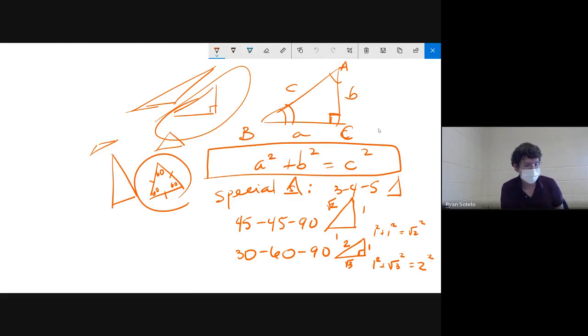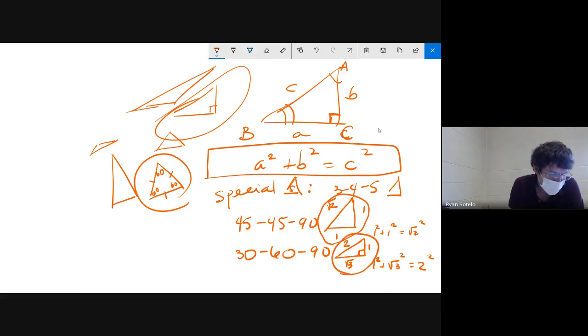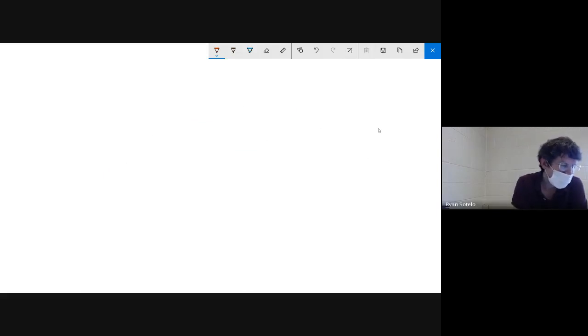Okay, so you have your special triangles, and those are the relationships between the sides for each of the special triangles. What you're mostly going to use is either the Pythagorean theorem or one of the trig functions. So I'll write a squared plus b squared equals c squared. That's formula 1.